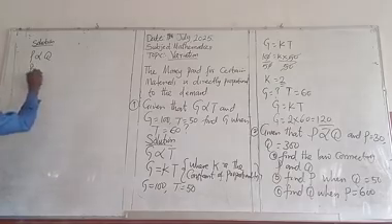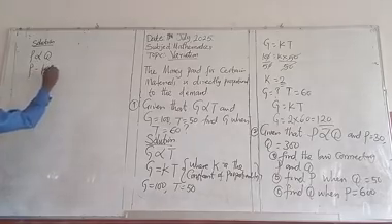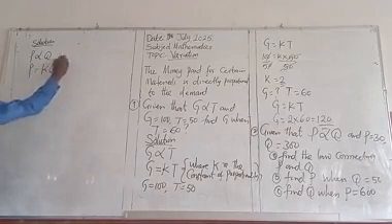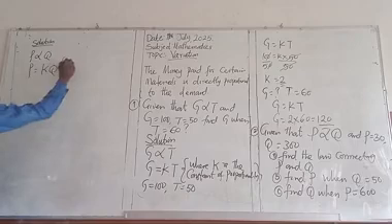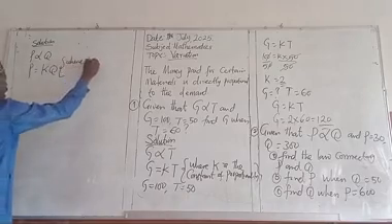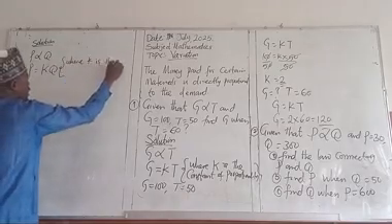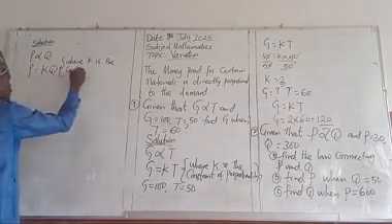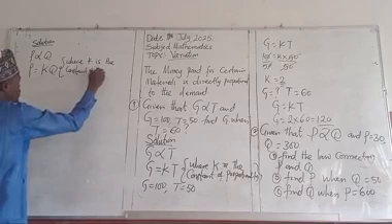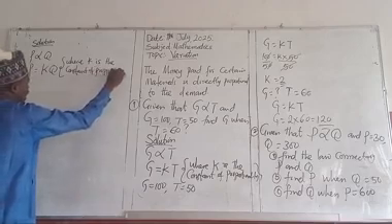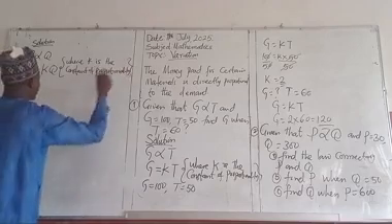That is P is equal to KQ. Then you have to open bracket and put where K is the constant of proportionality. This is very, very important for us.